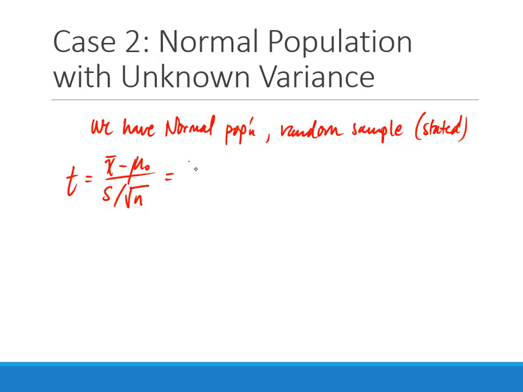Here our sample mean was 370.69 minus our hypothesized mean of 360, dividing by the standard deviation 24.36 over the square root of 26, which is 2.24.